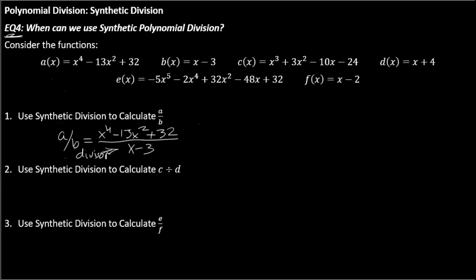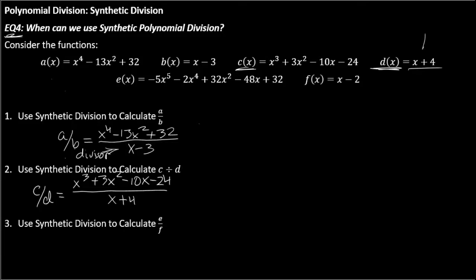Okay, so use synthetic division to calculate c over d. So that's going to be x to the third plus 3x squared minus 10x minus 24, all being divided by x plus 4. And at first glance, this x plus 4, is it in the form x minus k?